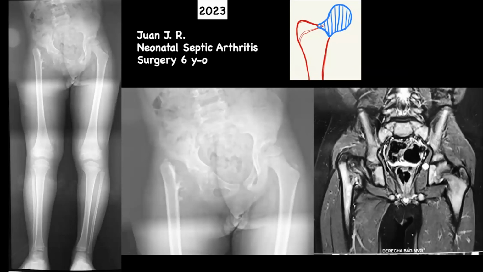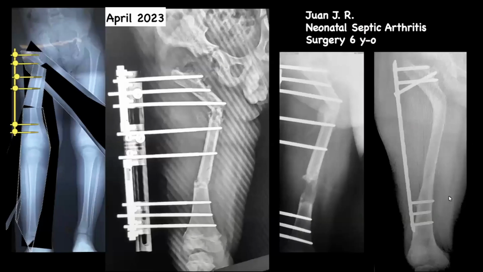The patient lost the head and the neck, and we did a pelvic support and lengthening, and to shorten the time of consolidation, once we got the length we desired, we changed the external fixator for a plate.